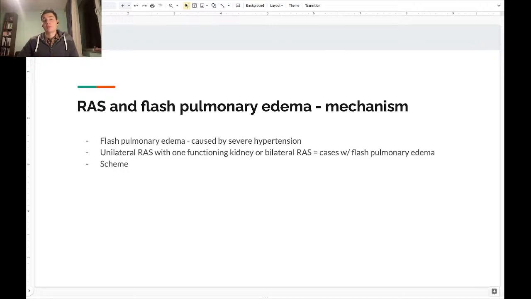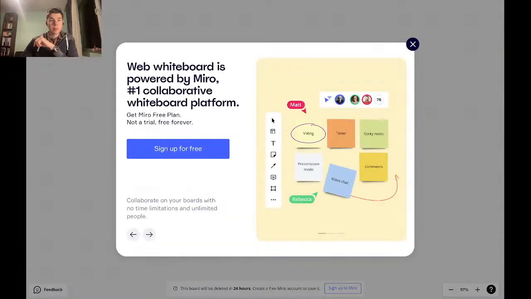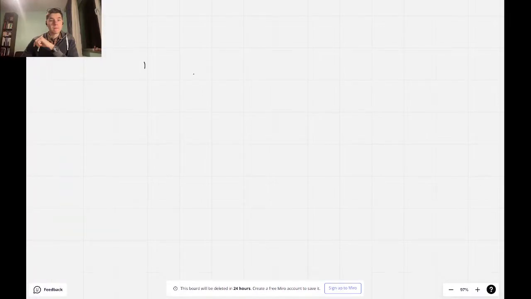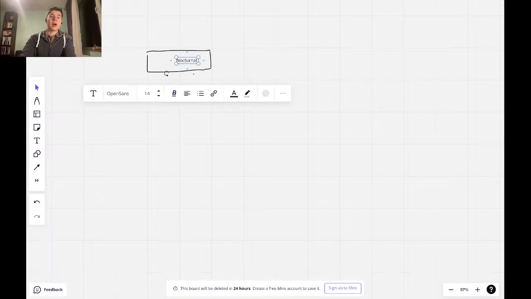As we talked about before, the flash pulmonary edema occurs with bilateral renal artery stenosis or one functioning kidney with unilateral RAS. Let's talk about how this usually occurs and why it usually occurs during the night. Okay, so during the night we have what is called nocturnal hypertension.